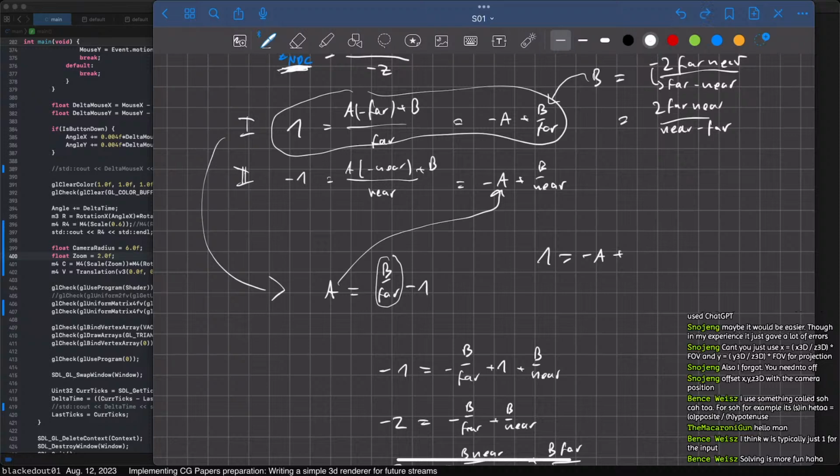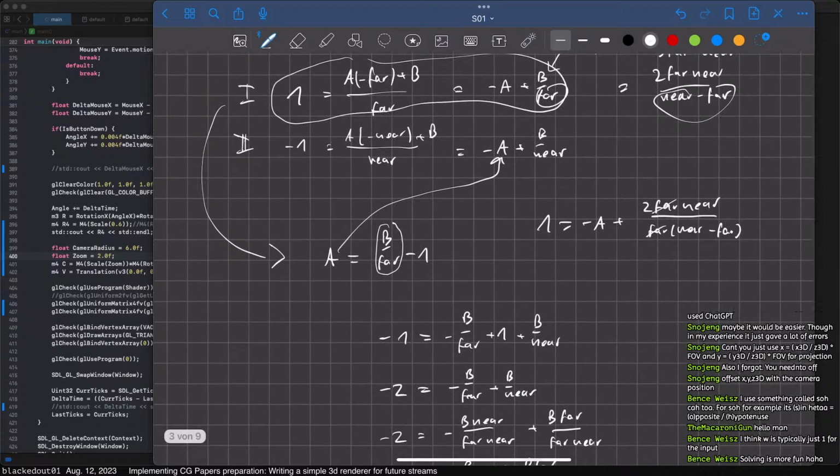So basically 2 far near divided by far from here, and then this near minus far. This far cancels. So what we are left with is a is equal to 2 times near divided by near minus far minus 1.